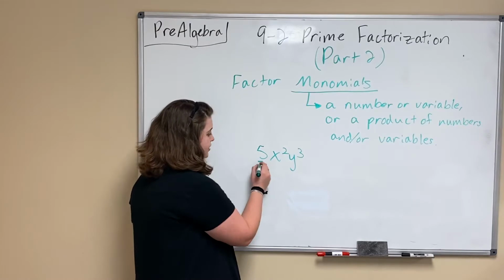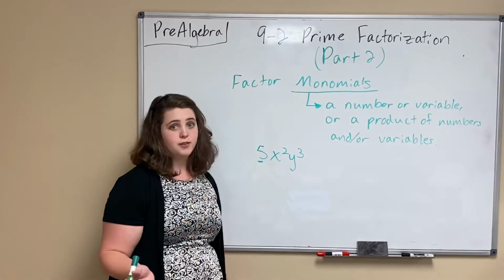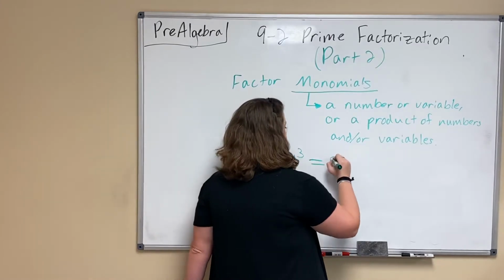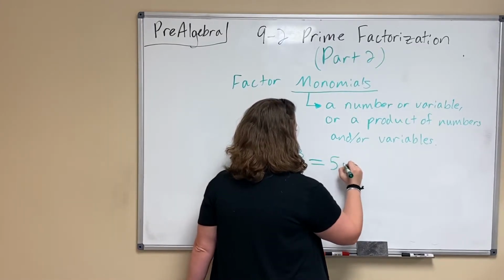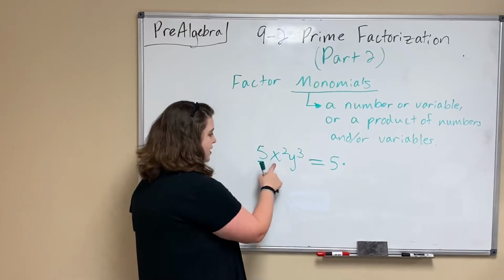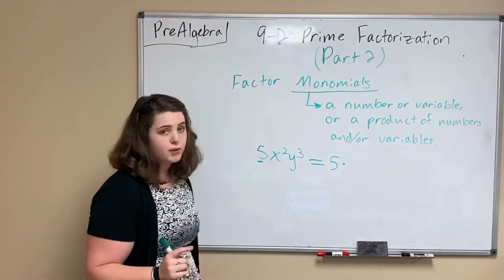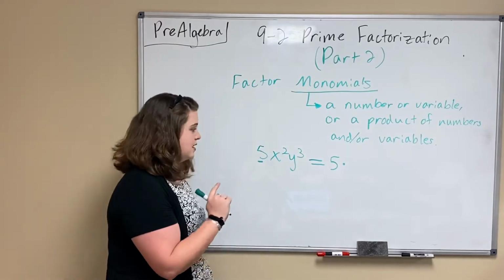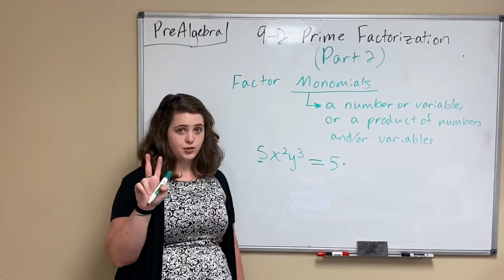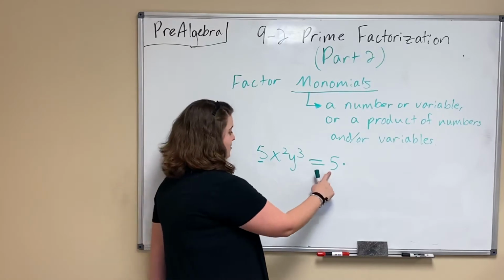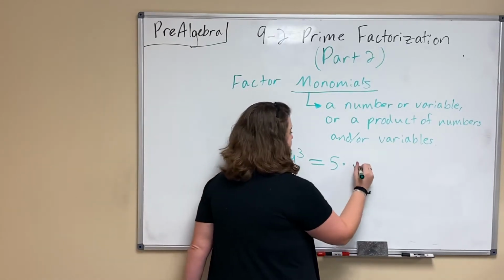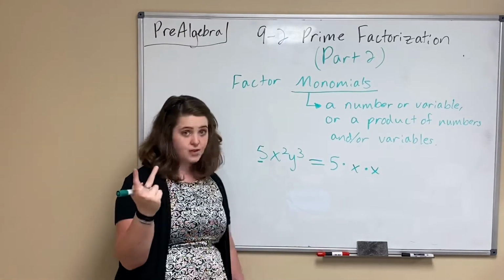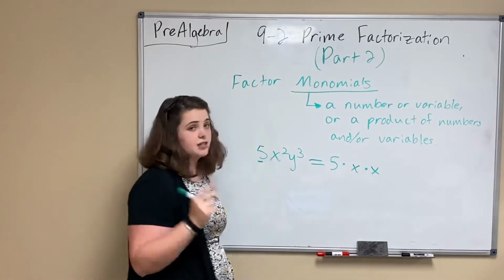5 is already a prime number, so we don't have to worry about factoring the 5. So we're going to go 5 times, now we have x squared, and we know from our unit on exponents, x raised to the second power means x times itself 2 times. So we're going to go 5 times x times x. There are 2 x's because it's x raised to the second power.